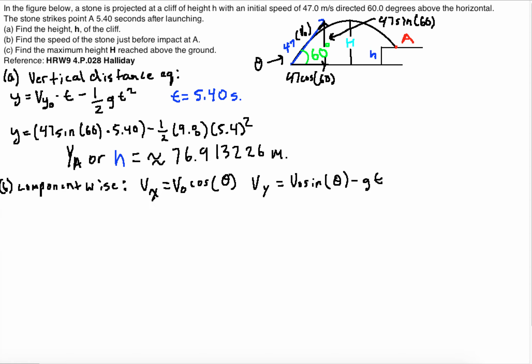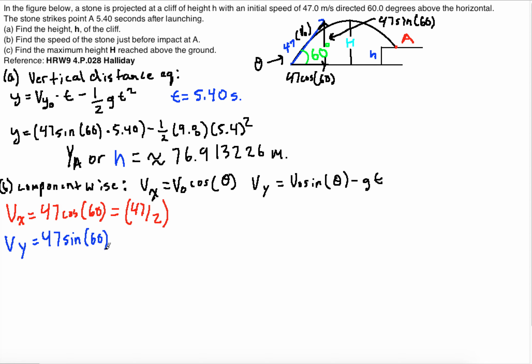Now we can solve these equations using our values. I'll do this in a different color. We get Vx is equal to V naught, 47, cosine of 60, which is about 47 over 2. And Vy is equal to 47 sine of 60 minus 9.8 times t.